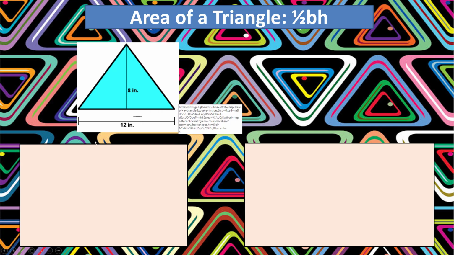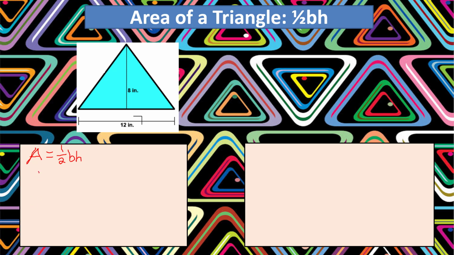Now, anytime you do an area problem, you are always going to start by writing out the formula. So area is equal to 1/2 times base times height, where we can now plug in what we know.